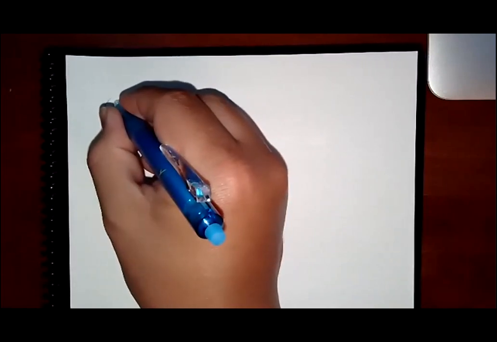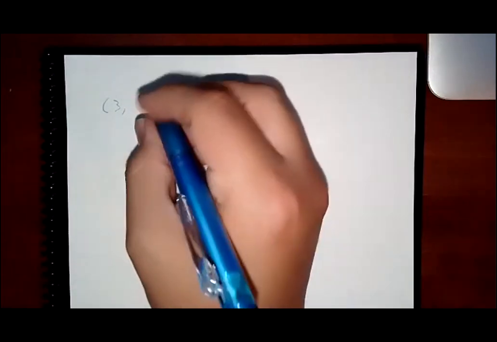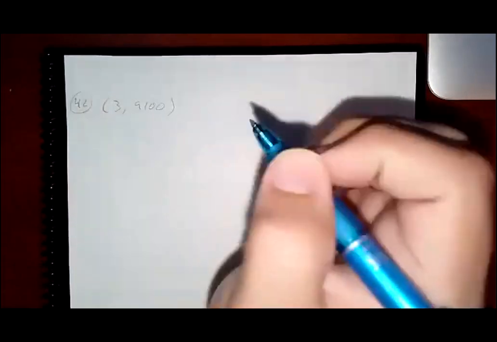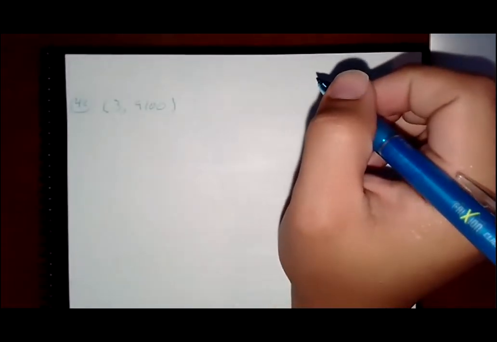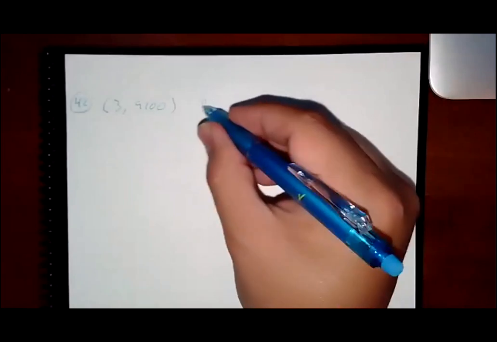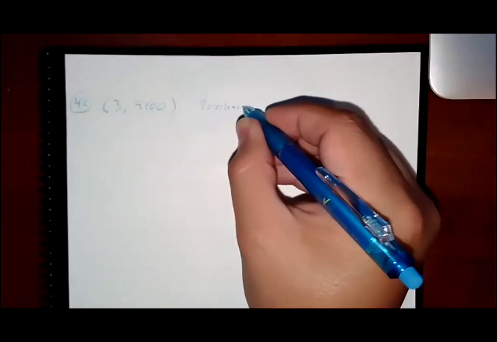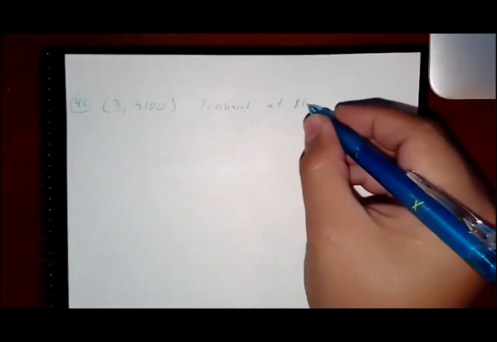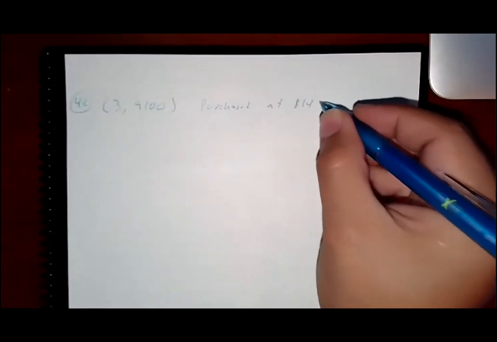So 3 years later, the value was 9,100. So there's my point. It's number 42. And then it said it was purchased at 14,500.